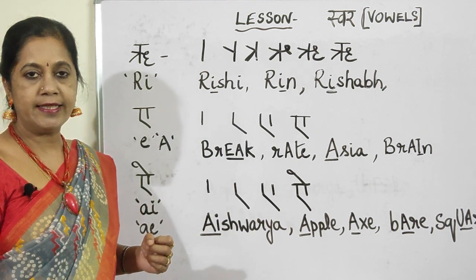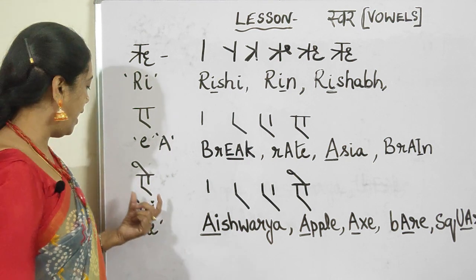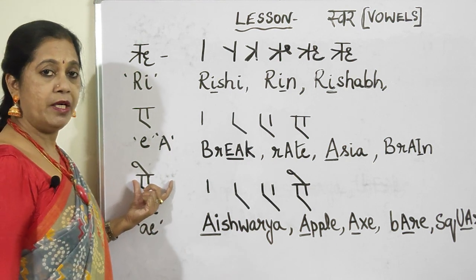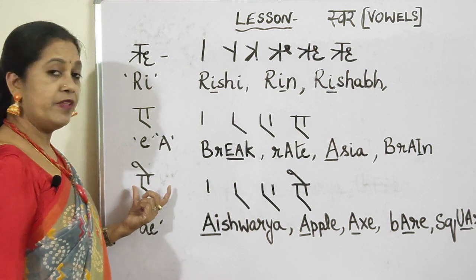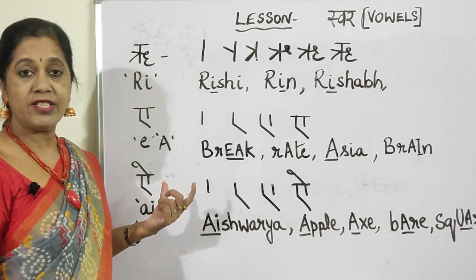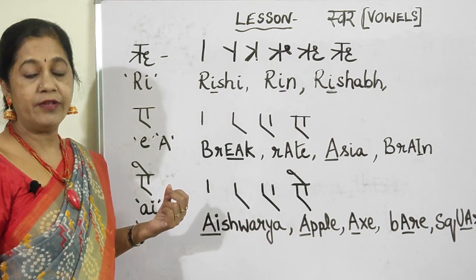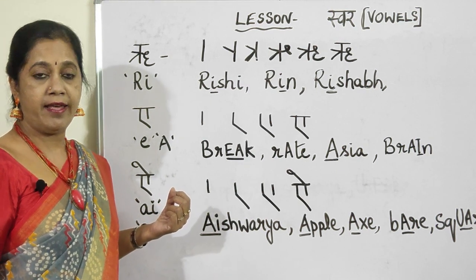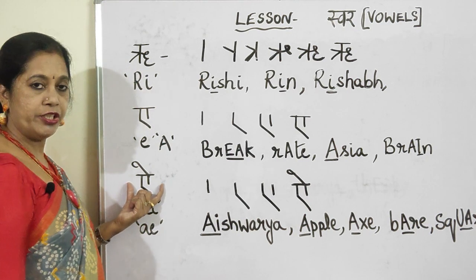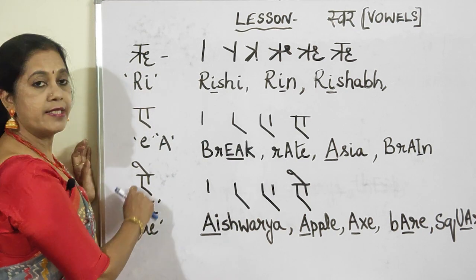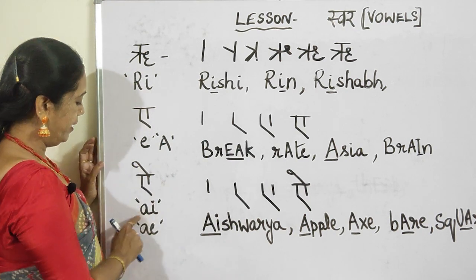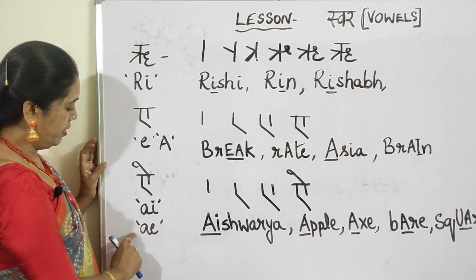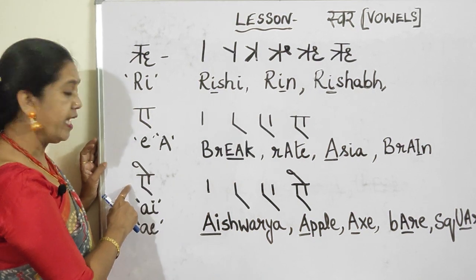Now, for that you should remember this. We say shaitan. It is not shaitan, we say shaitan. We don't say hai, we say hai. Now, based on this only I am giving you, this is A. Okay? I have given you two different phonic sounds in English.